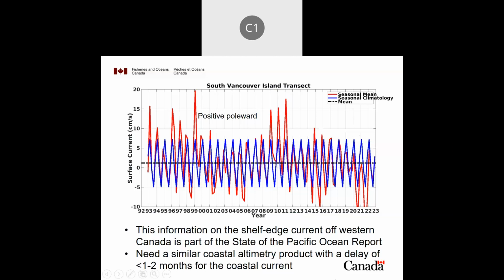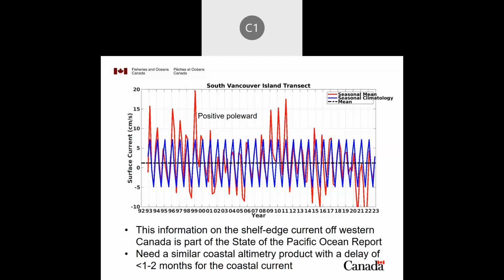As I mentioned, this is for the shelf edge current. We would like to derive this kind of simple index to provide information for ecosystem science and fisheries management. But for the coastal altimetry products, sometimes there are issues with the delay.